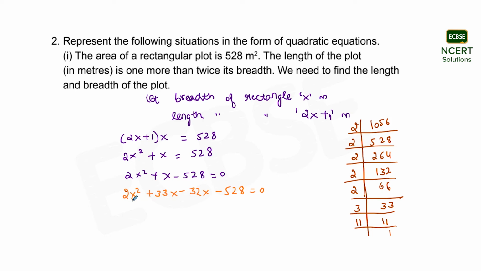From the first and the second term, I can take x common, so here I'll be left with 2x plus 33. And from the third and the fourth term, I'll be taking minus 16 common. In the bracket, I'll be left with 2x plus 33. So I can express the left hand side in the form 2x plus 33 into x minus 16, which equals 0.